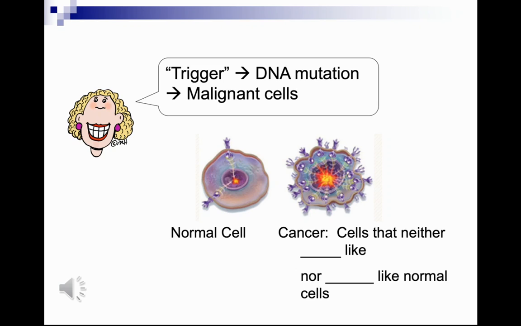Look at the normal cell and then look at the malignant cell. Cancer: cells that neither look like nor perform like normal cells. Uncontrolled cell division, producing cells that neither look like nor perform like normal cells.